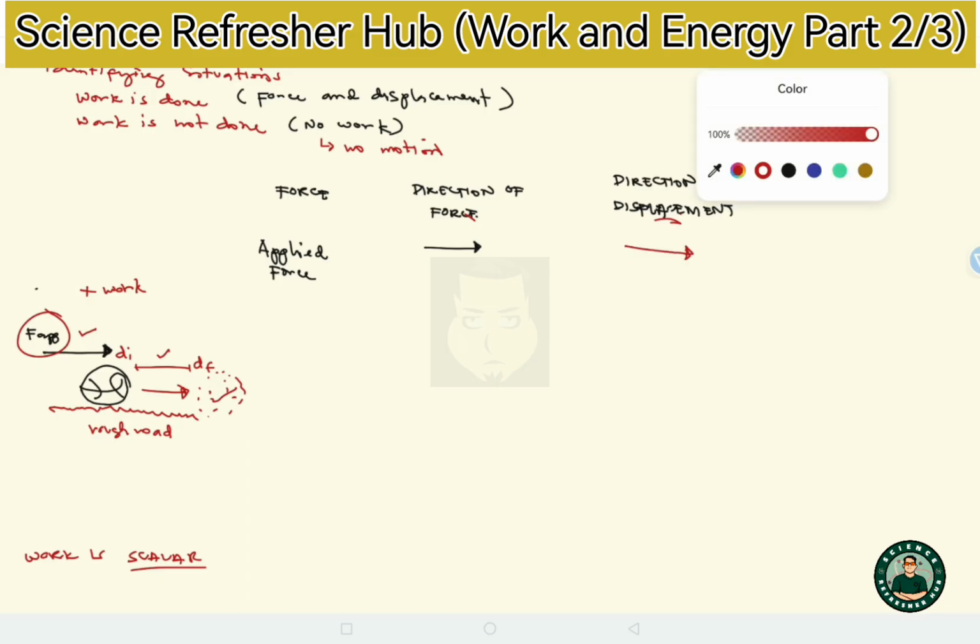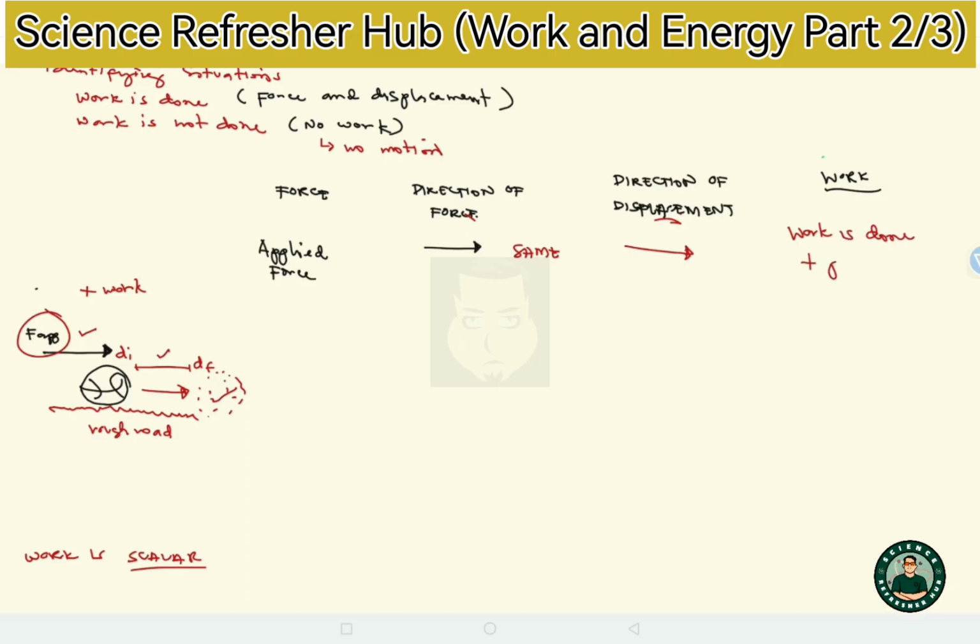So if you look at the direction of the force and the object's displacement, it's the same. Work is done, and it's a positive work, meaning energy is increasing. And since it's moving, KE increases. So the applied force does positive work on the ball.